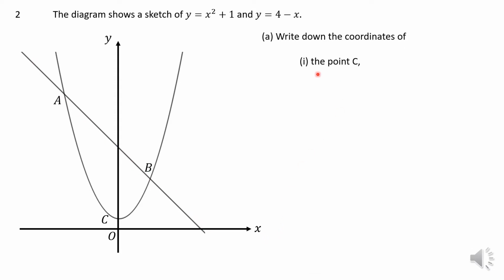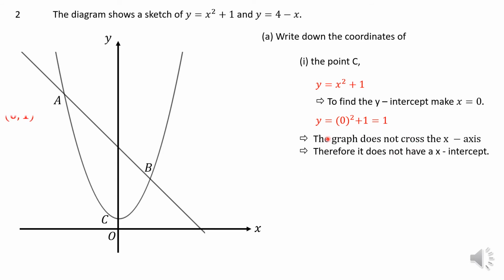They are saying we're supposed to write down the coordinates of point C. Now, it's very straightforward to find the coordinates of point C, because you can look at your equation. When you make x equal to 0, the idea there is to find the y-intercept. So if x equals 0, then y equals 1.